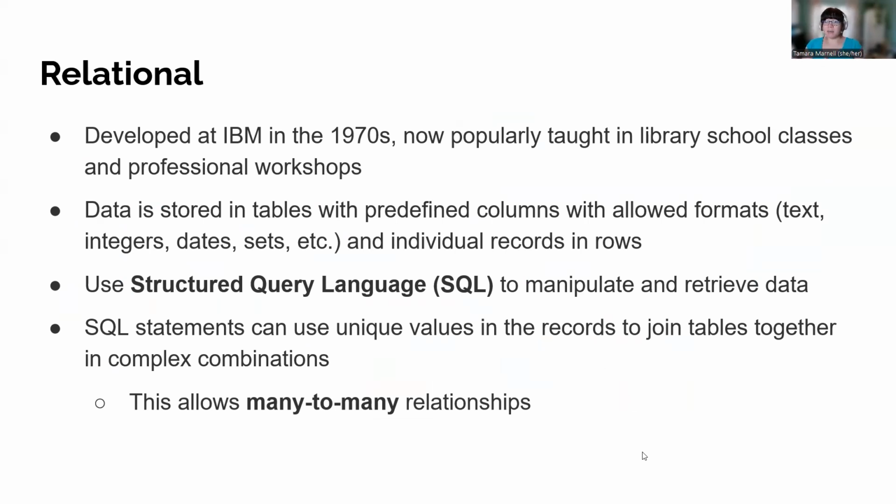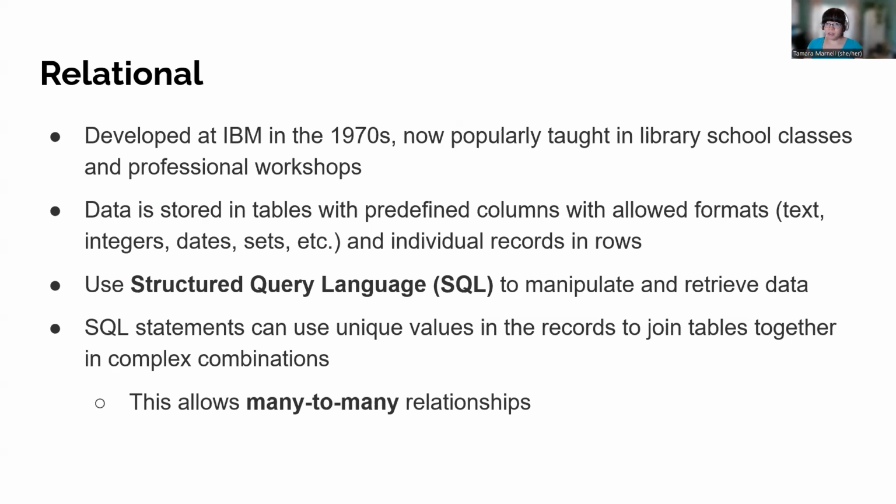In the relational database model, data is stored in tables with predefined columns and allowed formats. You say this can allow long text strings or integers only, or dates with this particular format, or a set. It can only contain one of these three values, and so on.